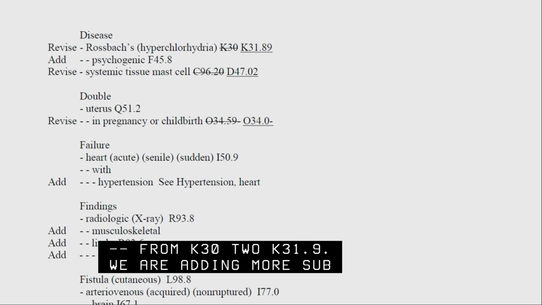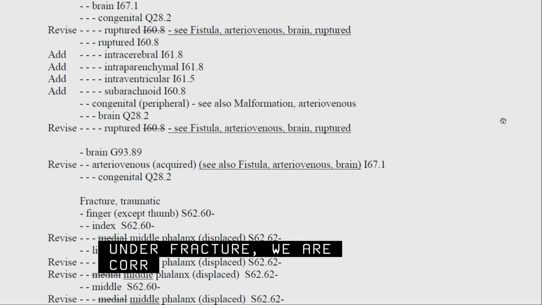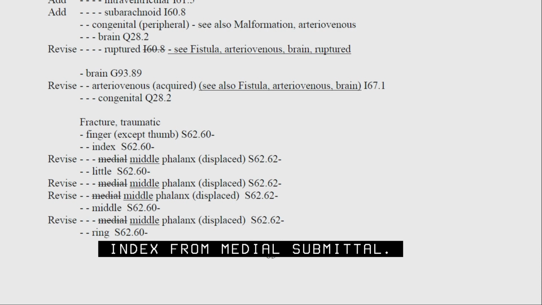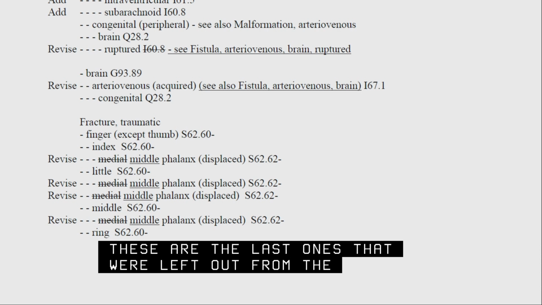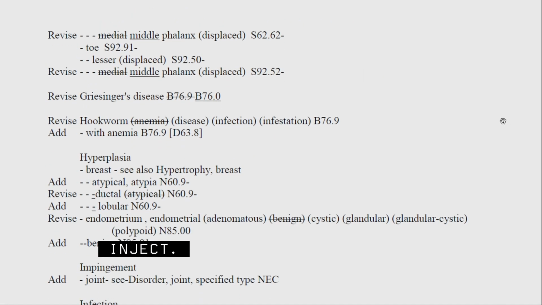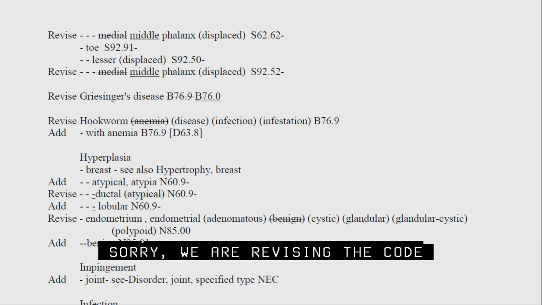Under fracture, we're correcting the under finger index from medial to middle. I think these are the last ones that were left out from the previous index. And we are revising the code assignment for Greisenser's disease from B76.9 to B76.0.